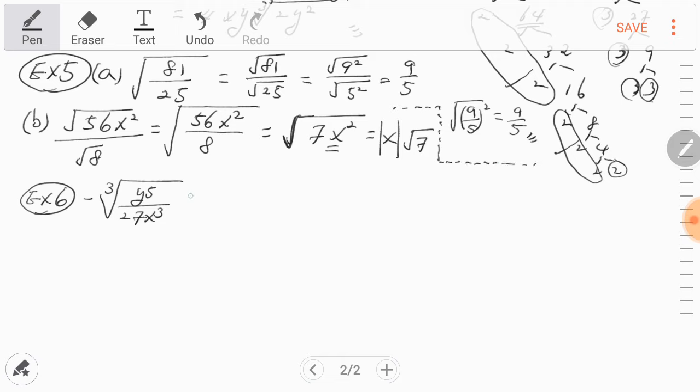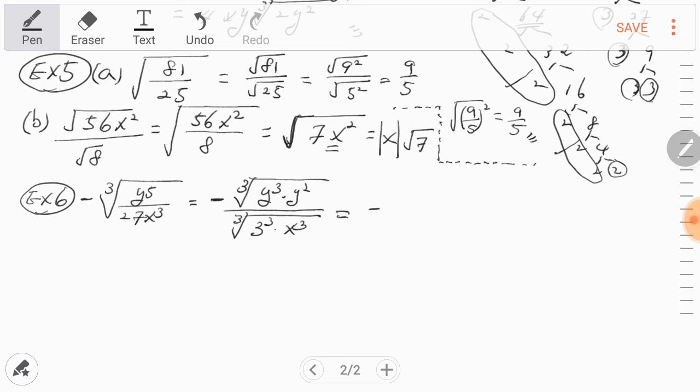Okay, example 6. There's a negative sign, so make sure the negative sign stays outside. And the index is a cube root, so we can take the base out without making it positive. So let's separate the numerator and the denominator. Cube root of y to the 5th power. Y to the 5th power is y cubed times y squared, over the denominator, the cube root of 27. 27 is 3 cubed, and x cubed.